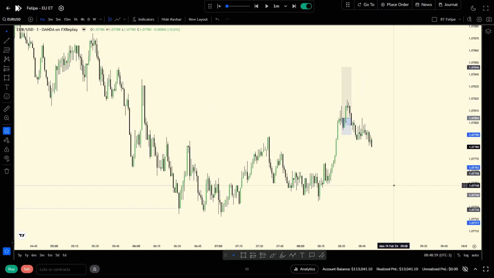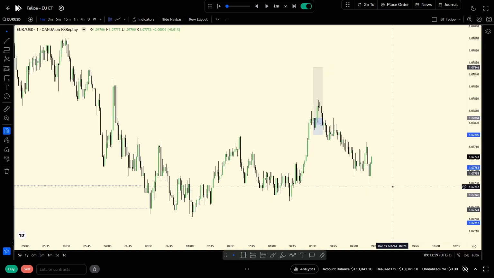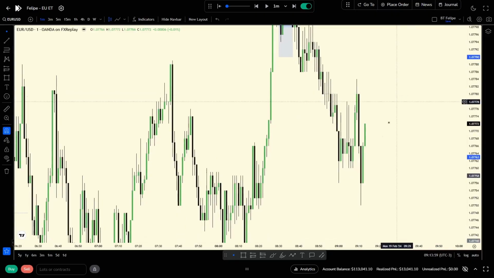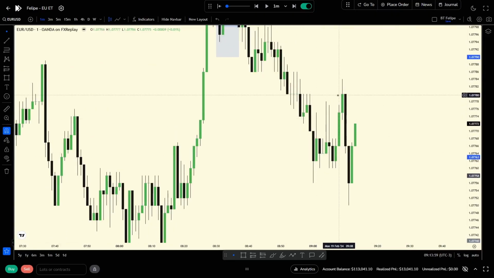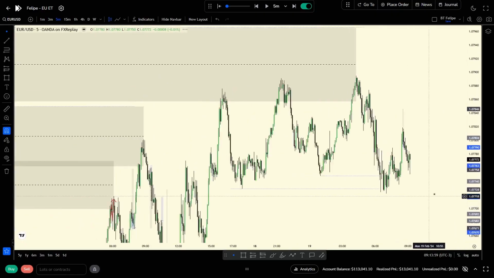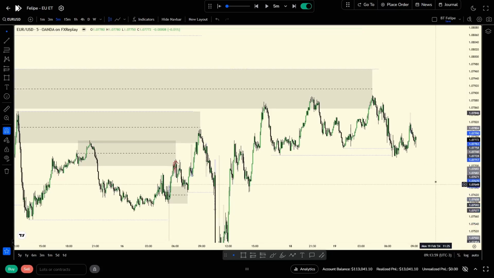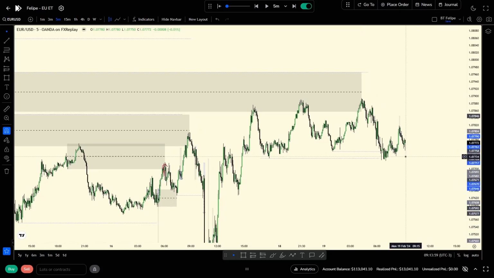No. Short setup. Should I short here? We took all of this liquidity.